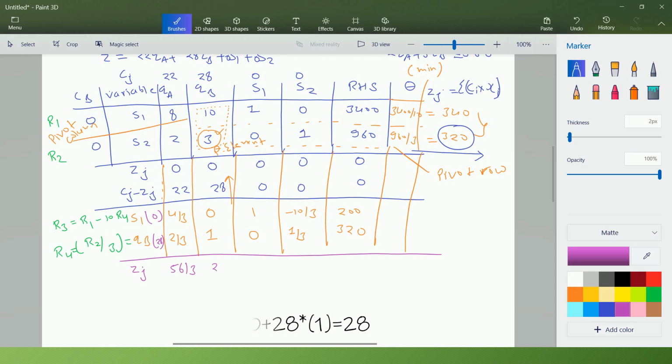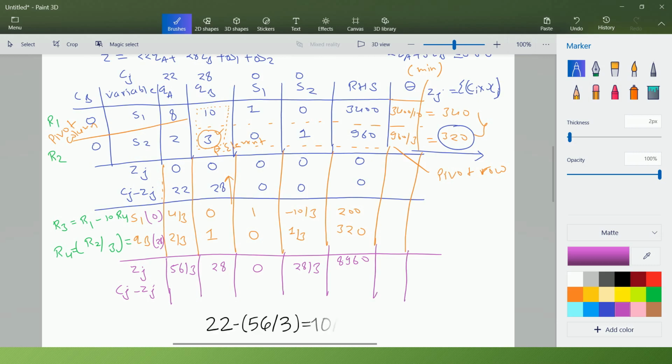So the sum is 28. Here I will get 0, and here this will be 0. So this will be 28 by 3. Okay. And here I will get 8960.